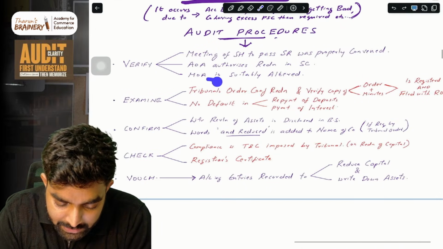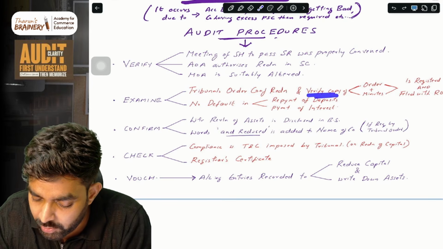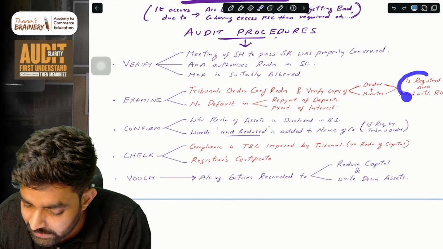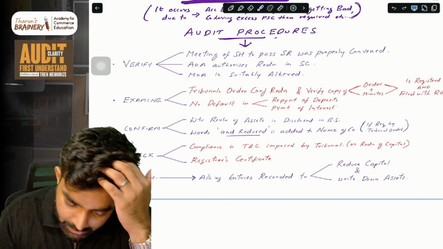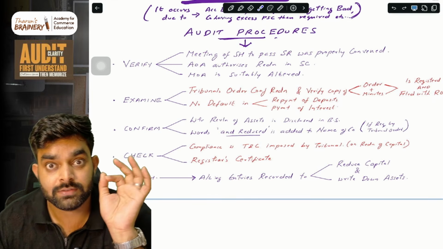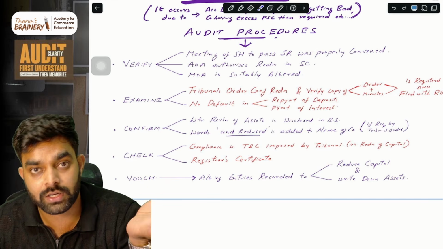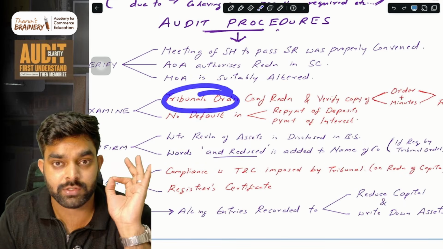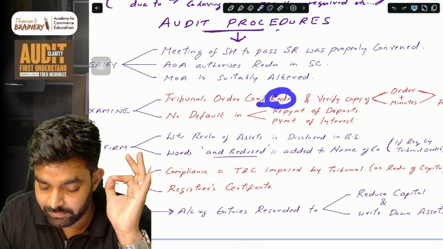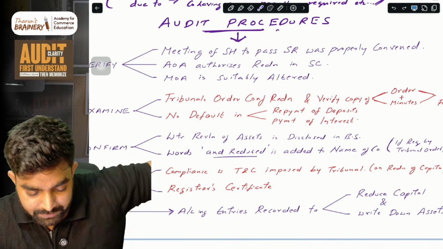Then examine the tribunal's order confirming the reduction and verify that the copy of the order or minutes is registered and filed with the registrar. So if the company is reducing the share capital because of a tribunal's order, where the tribunal has ordered the company to reduce the share capital, then examine the tribunal's order confirming the reduction.